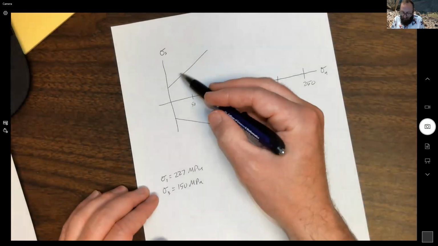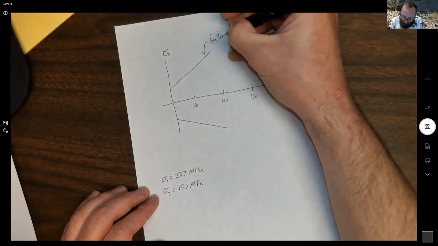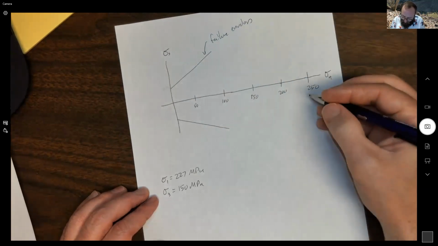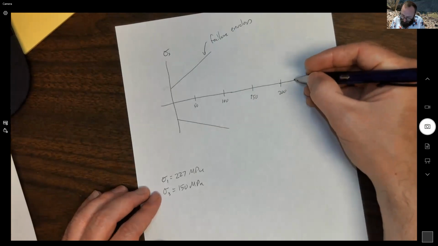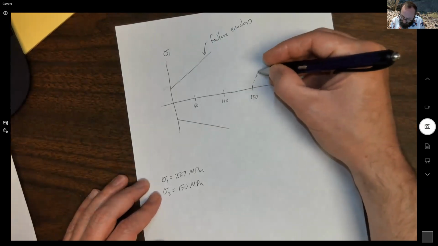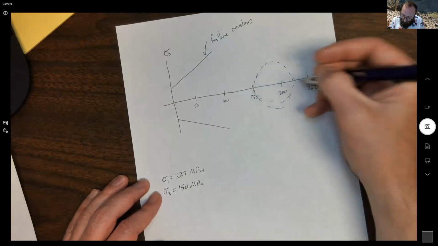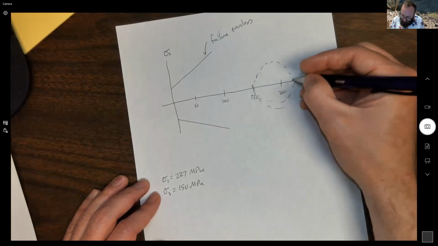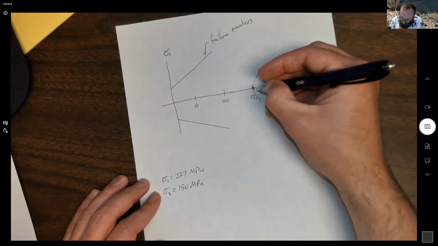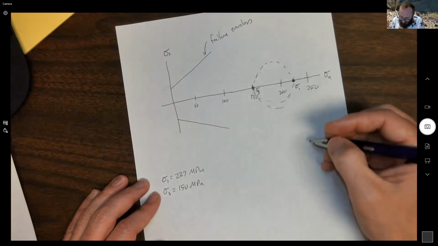And let's just say hypothetically, here's my failure envelope. So let's plot this on my Mohr circle. Looks something like this, right? So sigma 1, sigma 3. And the difference between the two is our differential stress.